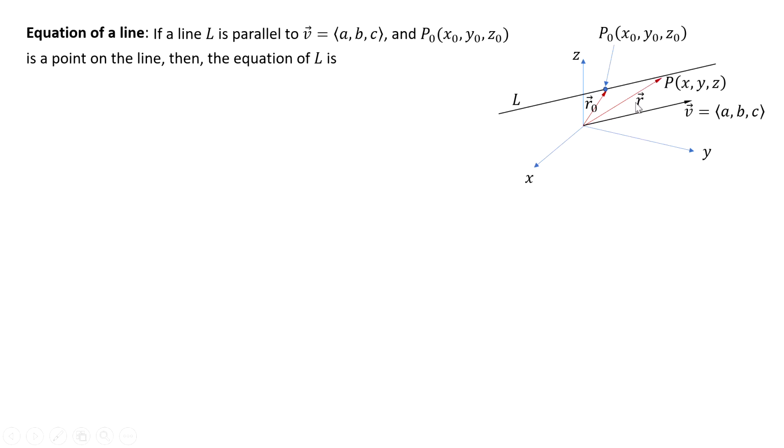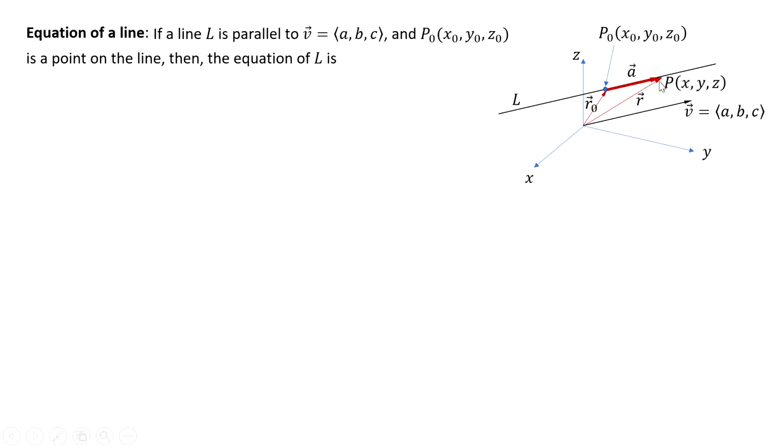Cool. And what is r? The vector r is a position vector to this arbitrary point P. So if I can tell you xyz or the position vector r, I have given you the equation of the line.